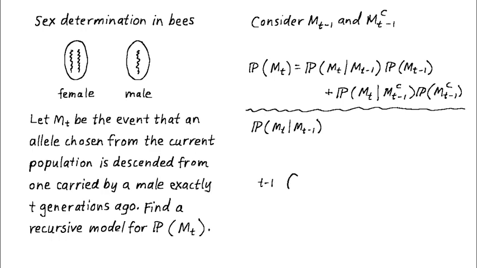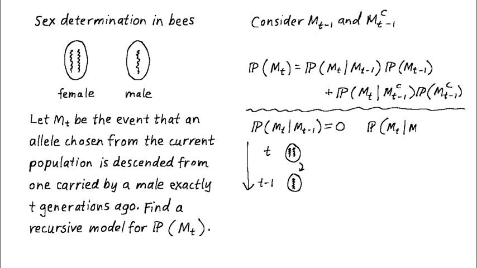We're working on the assumption that T-1 generations ago, the ancestor of the gene was found in a male, and so it must have descended from a female in the previous generation. Remember, time flows in this direction, and we're looking back into the past. Based on the picture, we can say that the probability the allele descended from a male T generations ago, in this case, is 0.